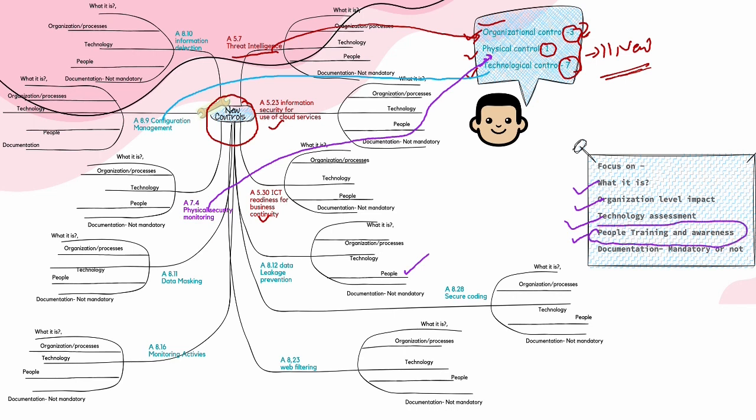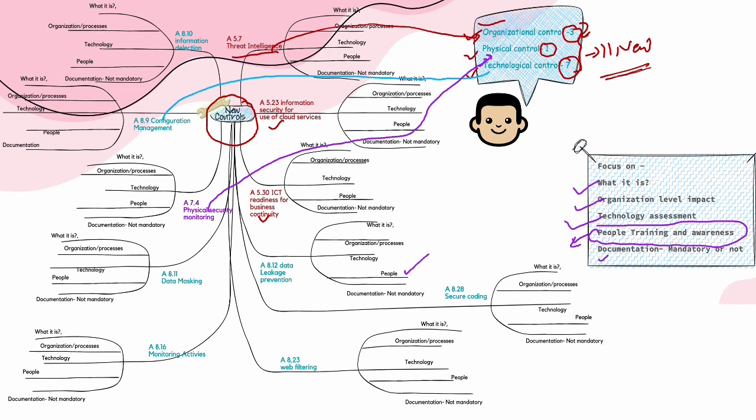Many organizations do not have this understanding of the different controls' complexity in their day-to-day working, so I think it's very important for them to train their people on the new controls.